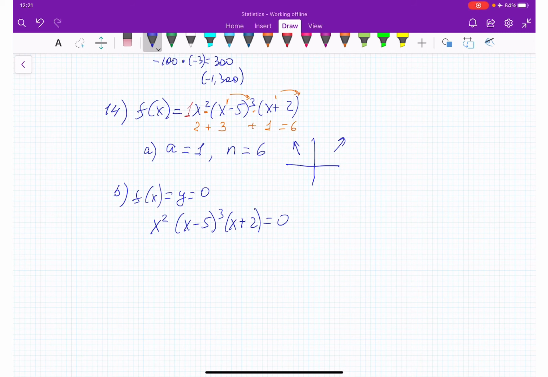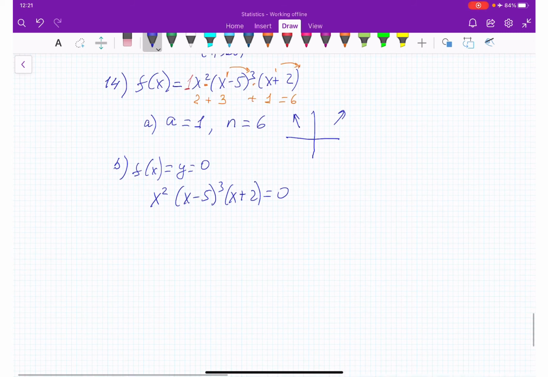As you can see, we already have it broken into parentheses, which means we don't need to do any kind of simplification. All we have to do is take x squared equals 0, either (x minus 5) cubed equals 0 or x plus 2 equals 0.